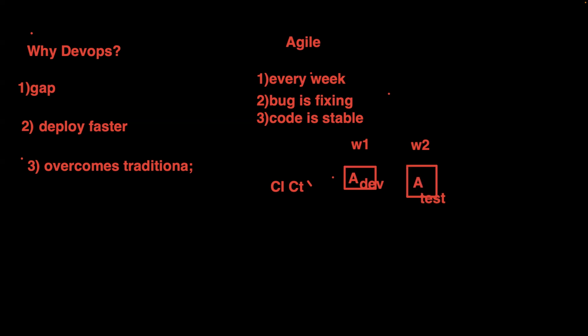On the same week, another chunk of code B will be developed. Suppose on week 3, this B will go for testing.